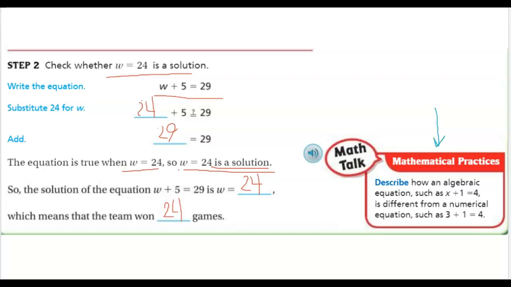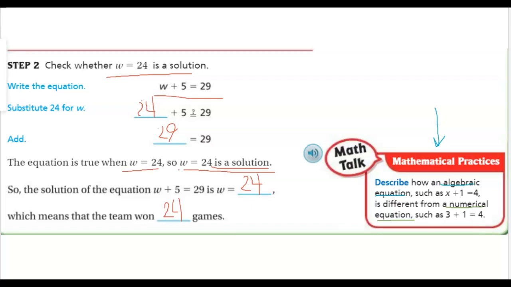Let's look at the math talk for just a minute. Describe how an algebraic equation, such as x plus 1 equals 4, is different from a numerical equation, such as 3 plus 1 equals 4.